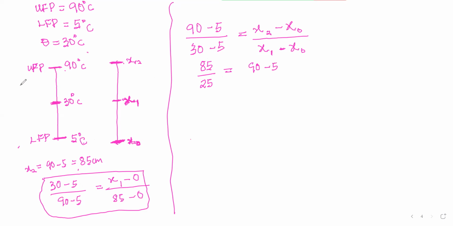Oh, okay, I get your question. So x2 is actually 85, instead of 90 minus 5. So let me indicate it right away: 85, divided by x1, which we are looking for.